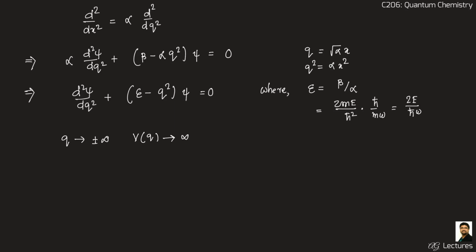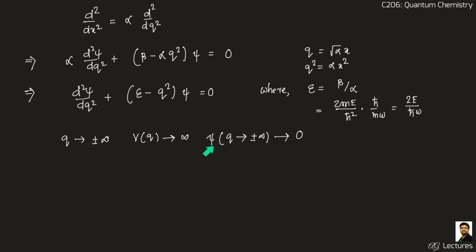infinity, and as the potential is approaching infinity, we know that the wave function, when q is approaching plus or minus infinity, should approach zero, because when the potential is infinity, the wave function cannot be non-zero there.